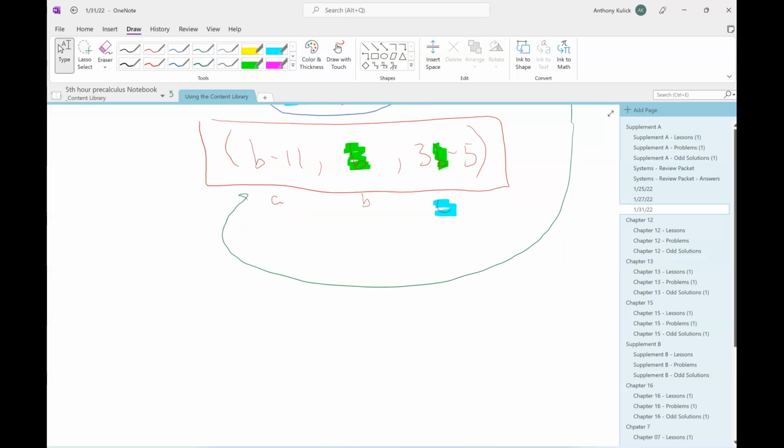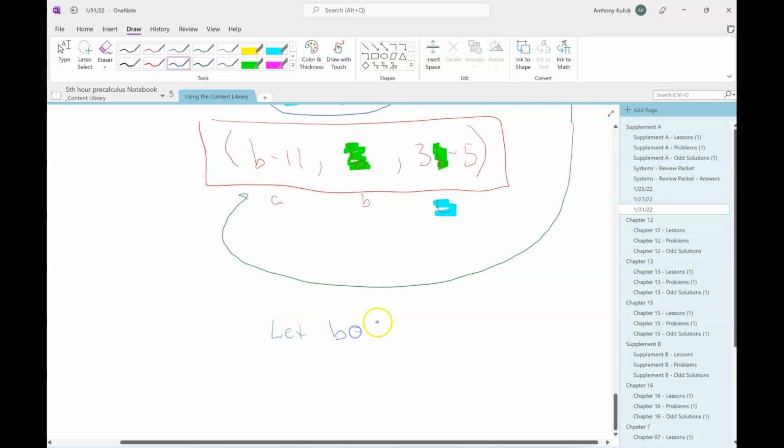So what this is doing is it allows us to generate answers. So for example, if I pick B to be 0, that would mean 0 minus 11, or negative 11, 0, and then 3 times 0 minus 5, or negative 5, would be a solution.